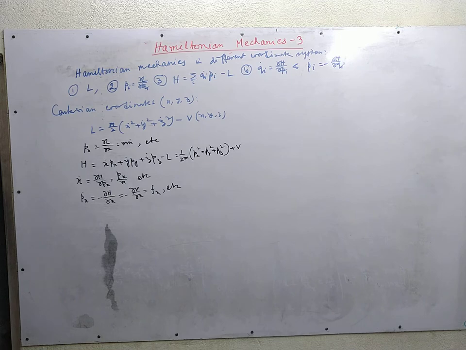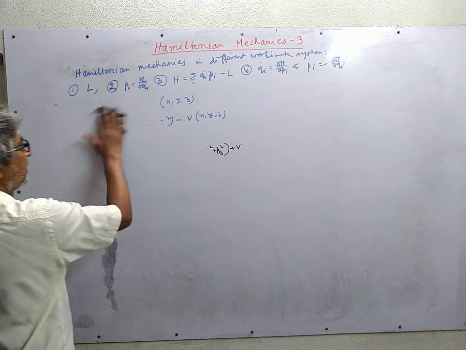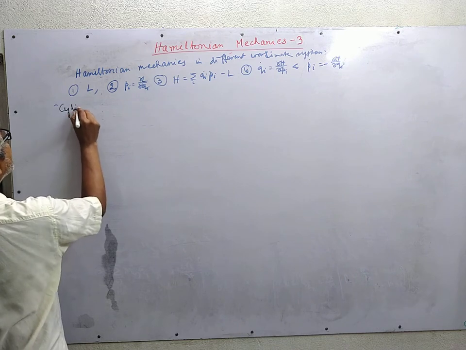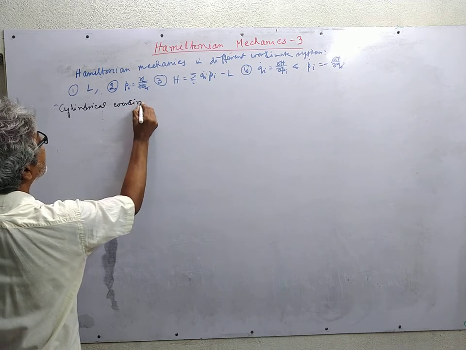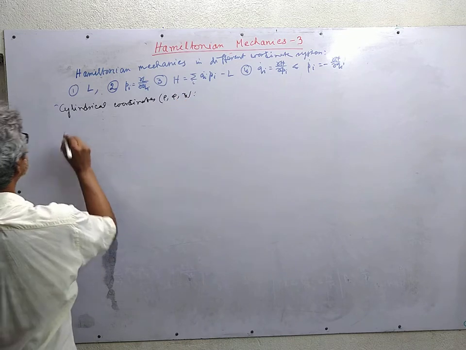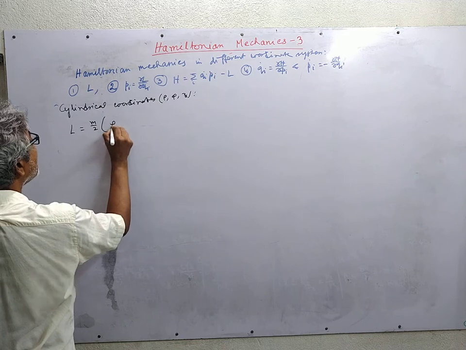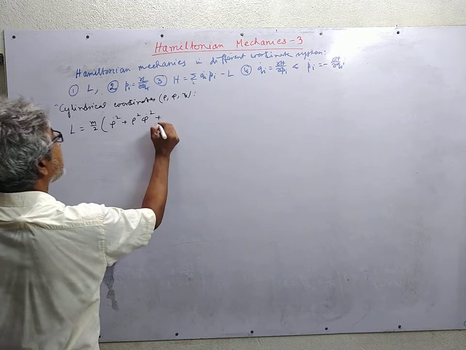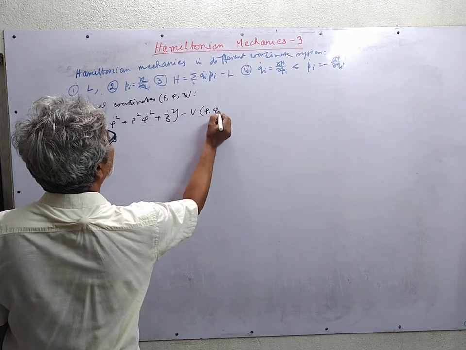in Cartesian coordinates. Then we come to the cylindrical coordinates, the rho, phi, z system. We know that the Lagrangian is m by 2 times rho dot square plus rho square phi dot square plus z dot square, minus V of rho phi z.